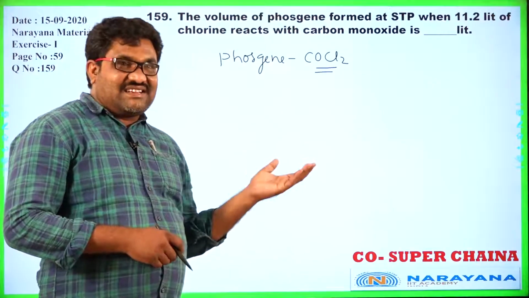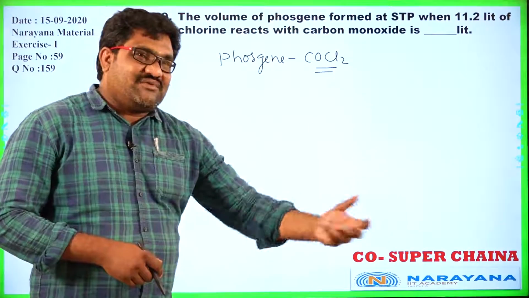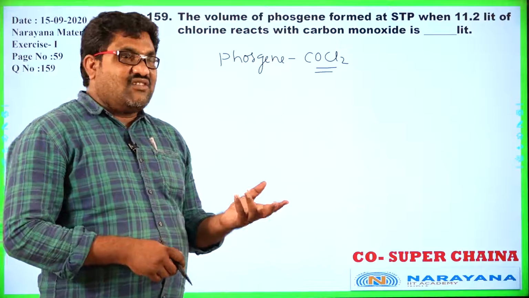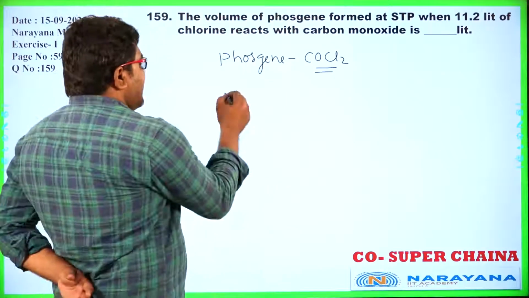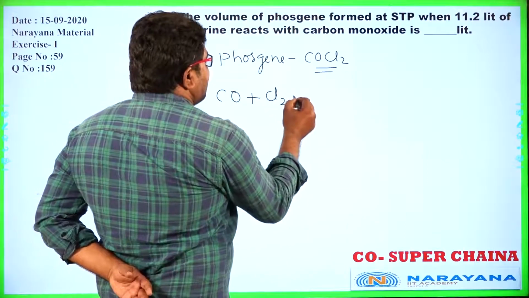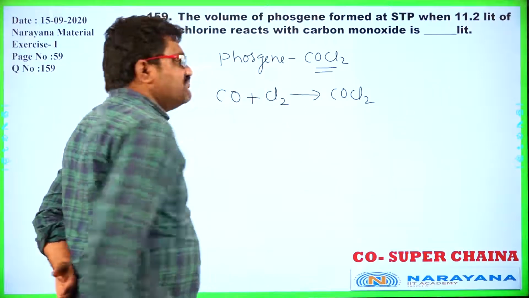So what are the reactants here? Chlorine and carbon monoxide. And what is the product formed? Phosgene, that is COCl2. Based on that, I write the equation: when CO reacts with Cl2, COCl2 is formed.